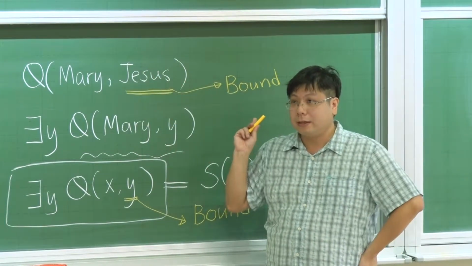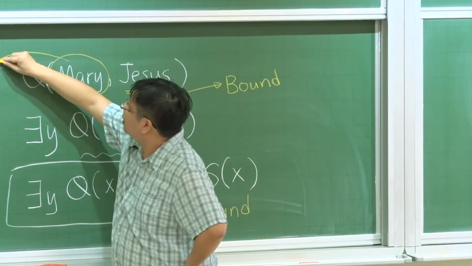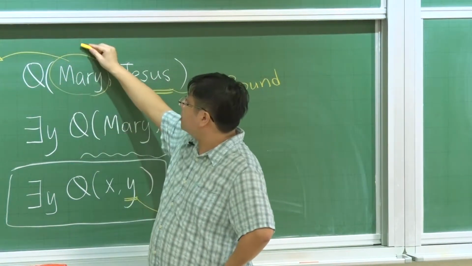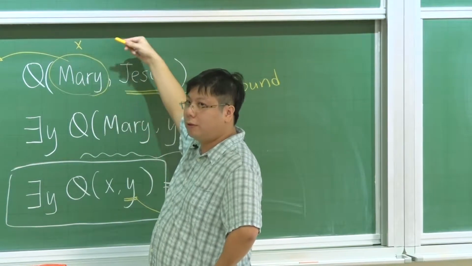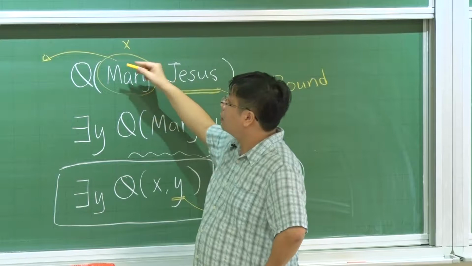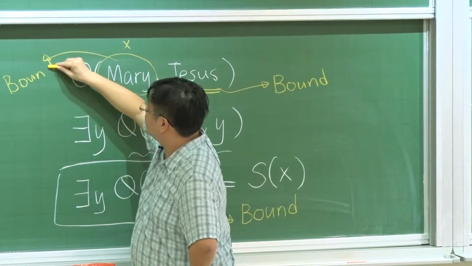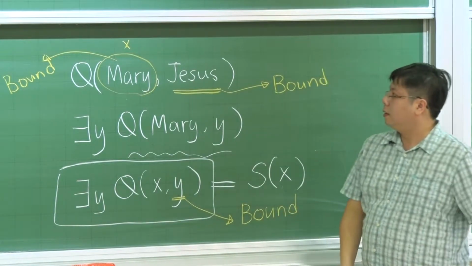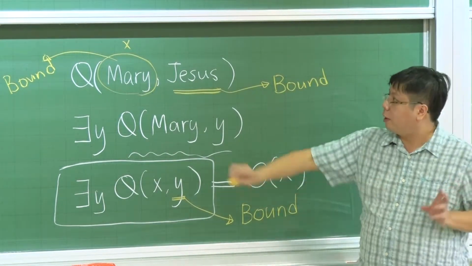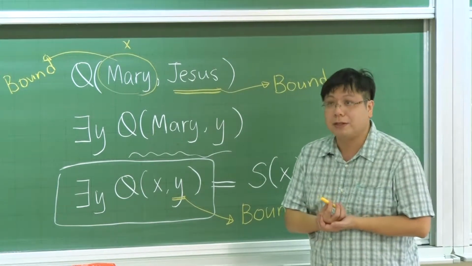Is that okay? Now similarly, for this one, this is also bound. This is the original x. x can be Mary, John, Peter, Paul, whatever. But here, we fix x to be Mary. So this time, the x value is also bound. When every variable of the propositional function is bound, then this becomes a proposition.